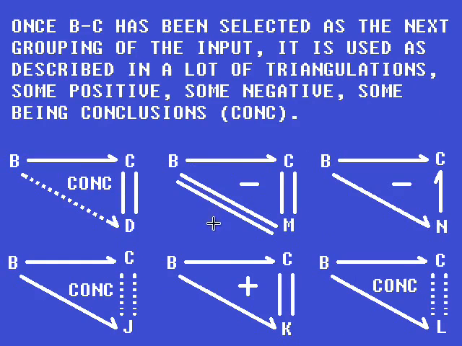Some of these possibilities might be positive, others might be negative. Some might be actually new conclusions. For instance, you didn't know B and D, but you did know B and C and D. This is basically the main mechanism of reasoning of my logical triangulation system, and the reason for the name, quite obviously.